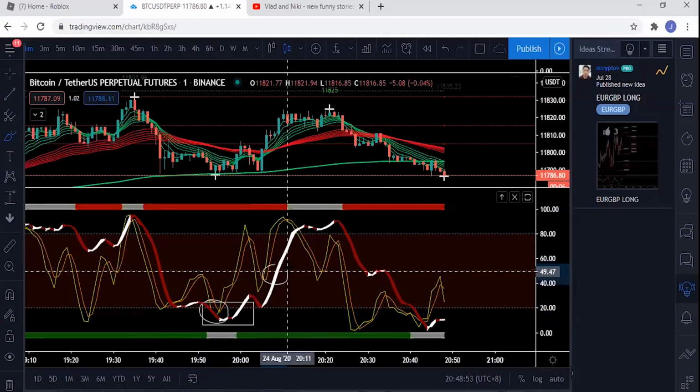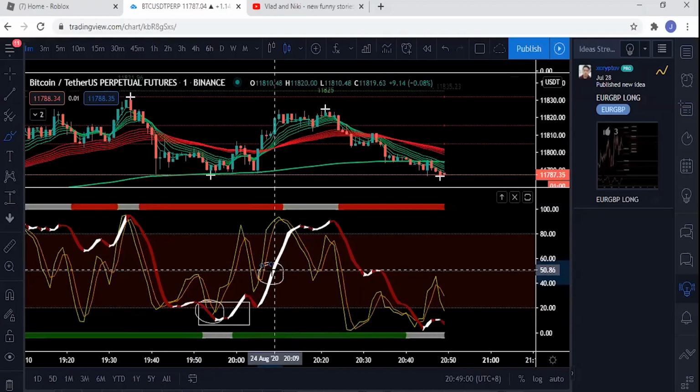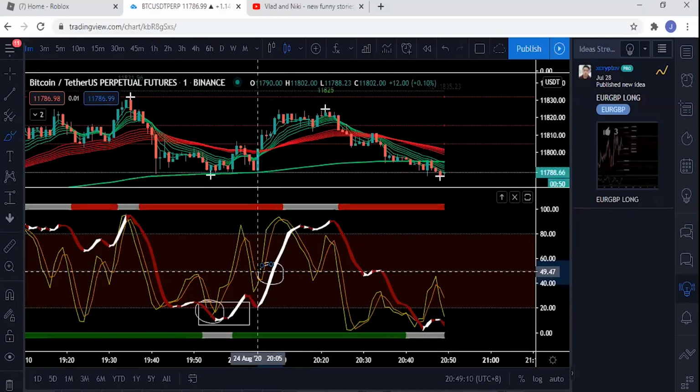This is your third confirmation. When you already see that the shadow is crossing above 50 RSI, you are now good to enter. So where did you enter? Where is the crossover? Here in this area.